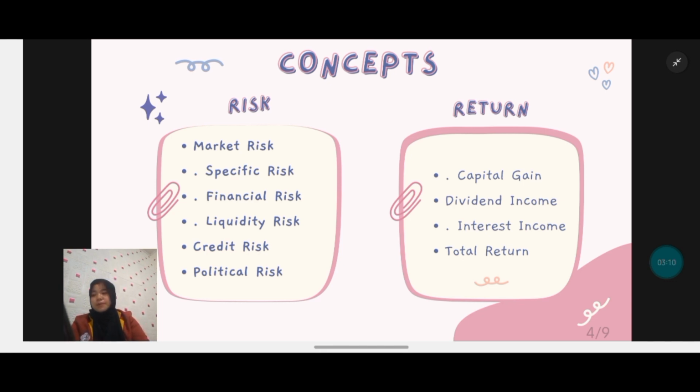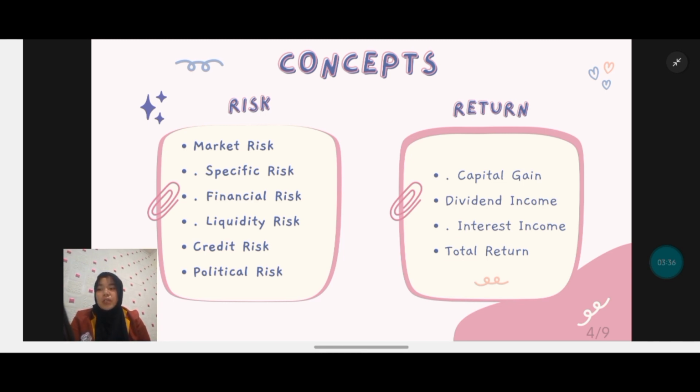Next, return. Return is the gain or loss an investor earns on an investment over a specific period, often expressed as a percentage of the initial investment. There are various types of return including: Number 1, capital gain.